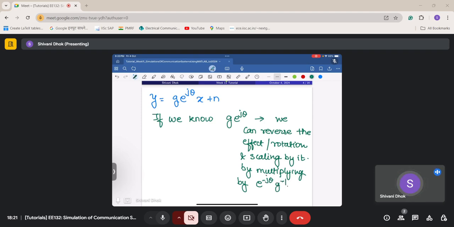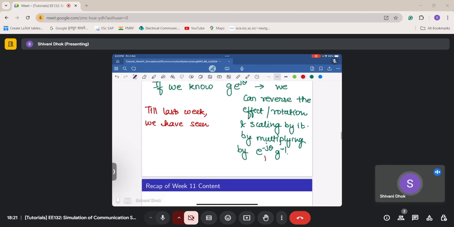Of course it will affect the noise part, the SNR will change, that's okay, but then we can simply apply whatever rules we have seen till last week. This will allow coherent detection.